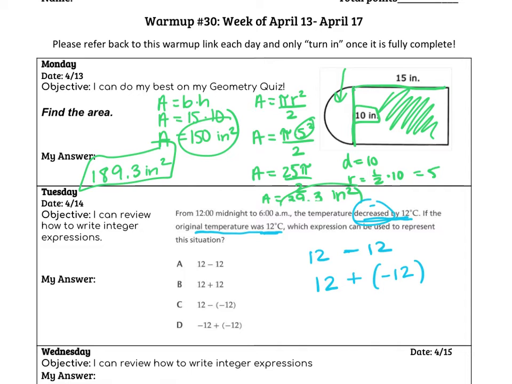Decreased means negative or subtract. So if we find any of those, we know they're the answer. And look at that, A would be the answer. Can't add because you're not increasing. This turned into addition, so that would be just the same as B. And our original temperature was not negative 12, it was 12. So A would be the only correct answer here.